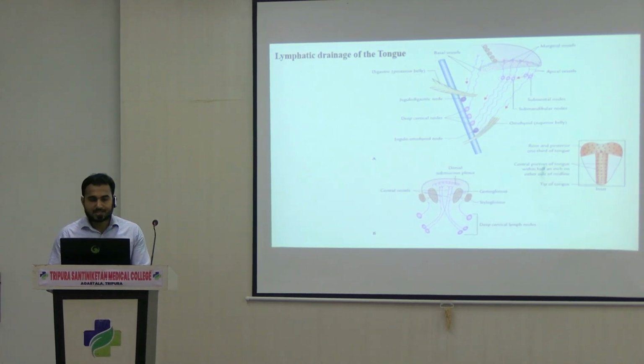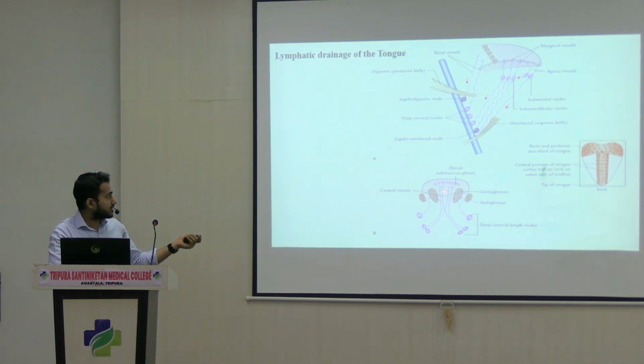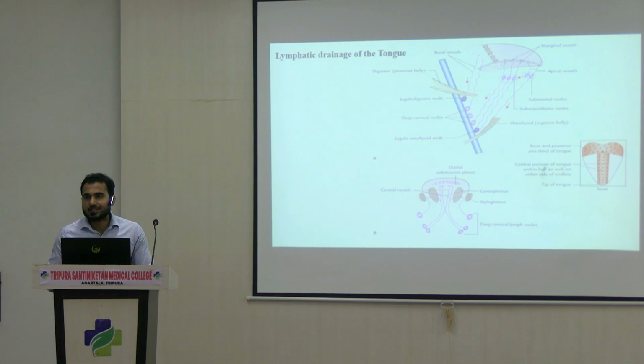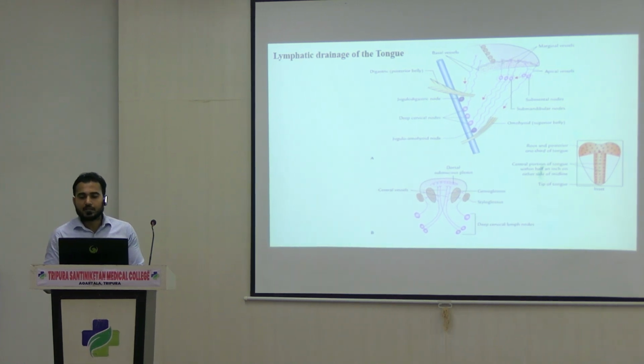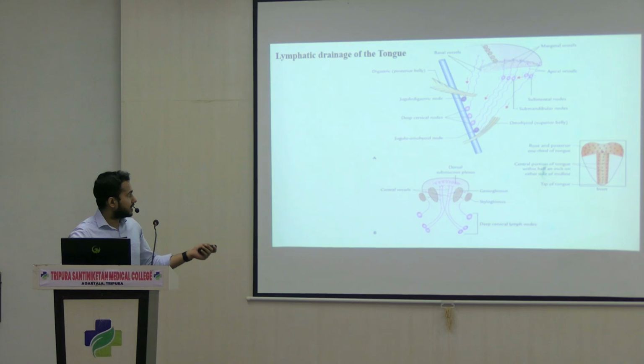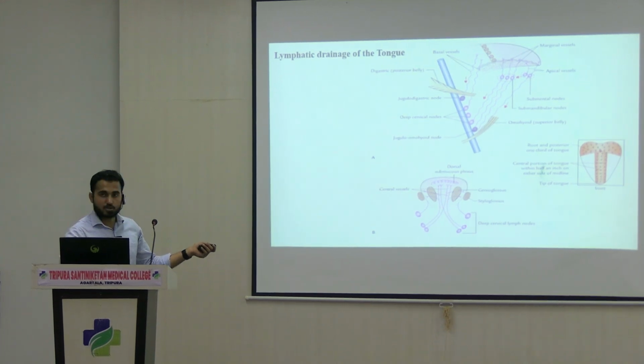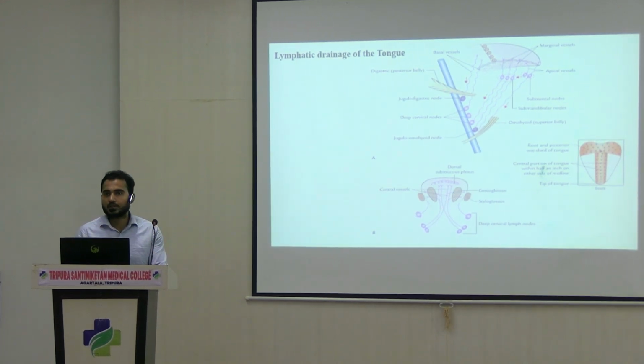Next is the central vessel, where you can see these are the central vessels. Central vessels will drain the central portion of the anterior two-third of the tongue. They will pass vertically downwards, and from there it goes bilaterally to the deep cervical lymph nodes. Now this is the most important case.